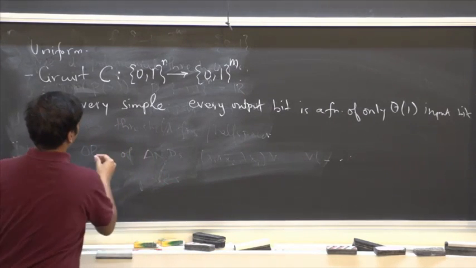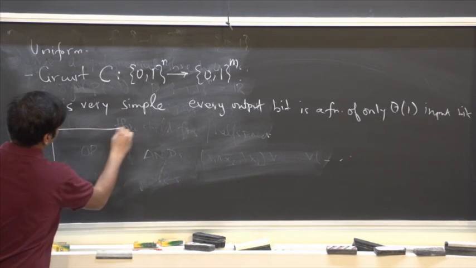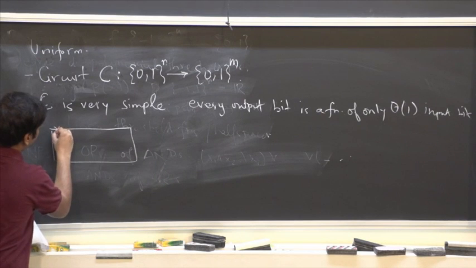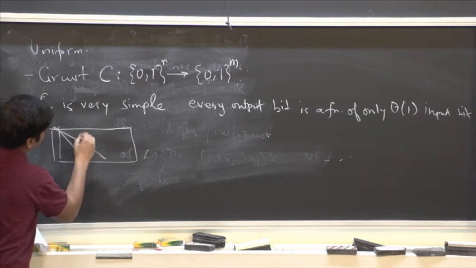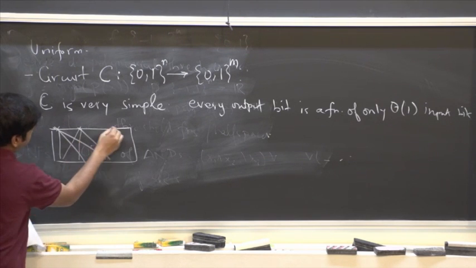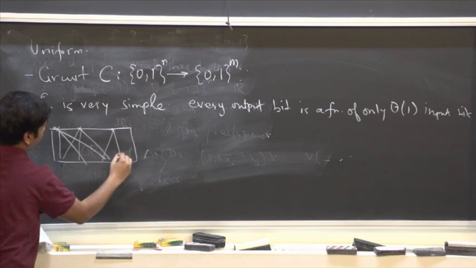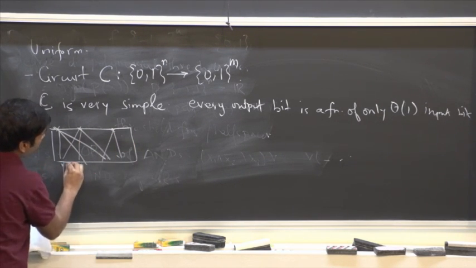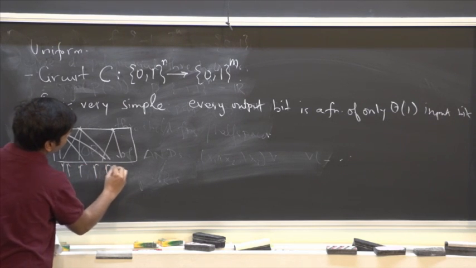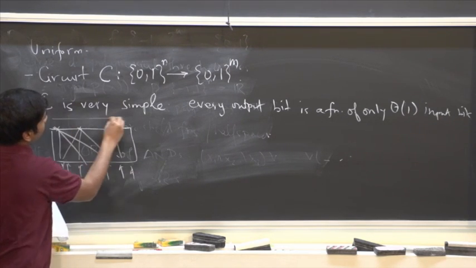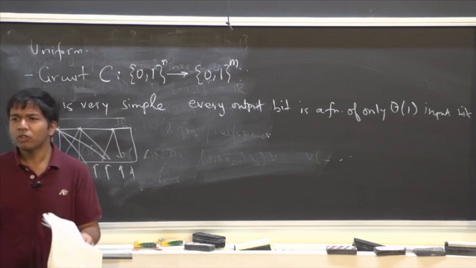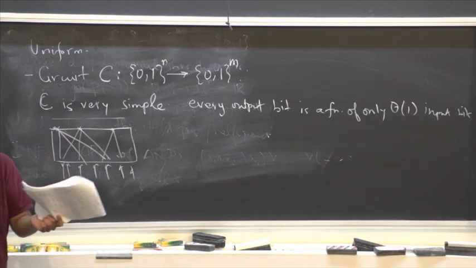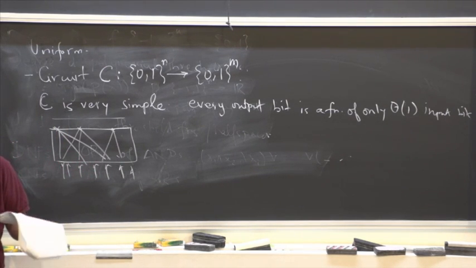So we are considering a circuit C where every output bit is just, say, a function of 3 of the input bits. So this is the graph of the circuit, and you feed in uniform bits here, uniform in n, and you get some distribution here. This is one way of saying that the distribution is very simple. It's generated by a very low complexity process.